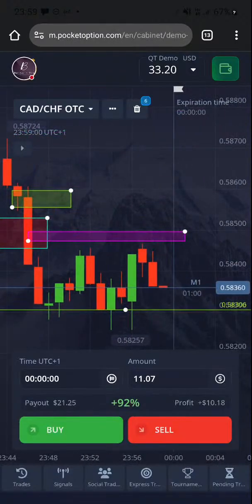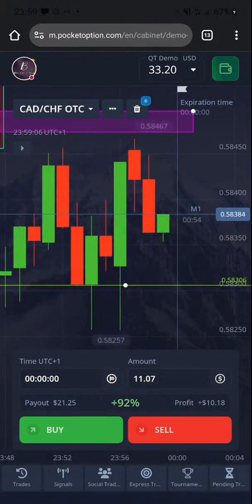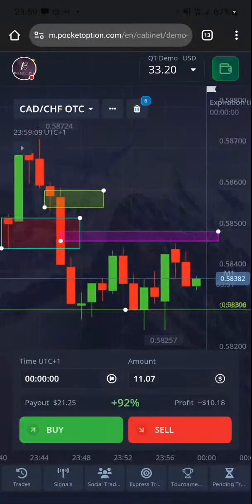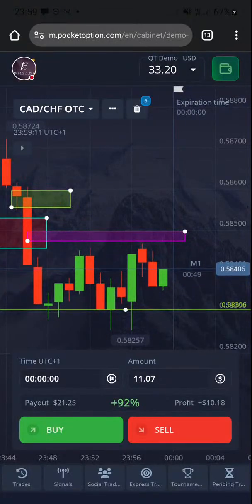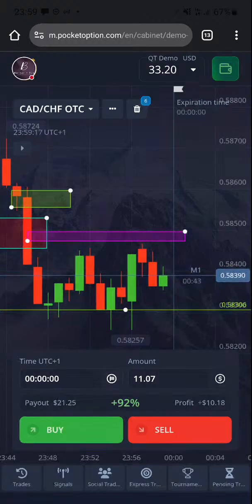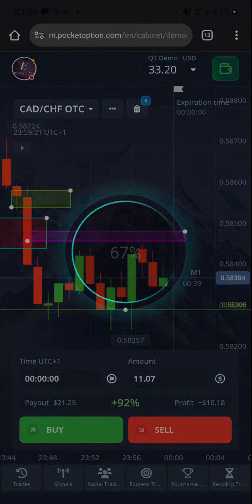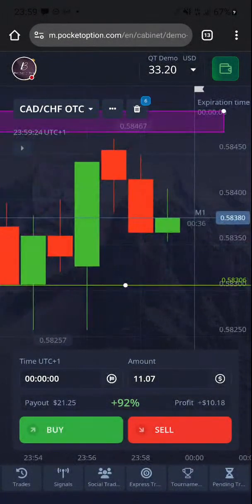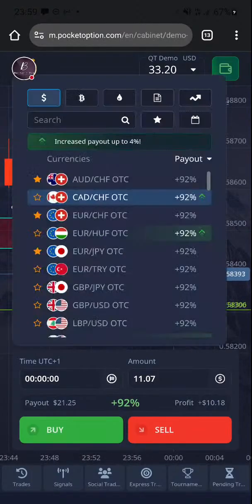Well, it's not going to happen. If this next candle breaks this level, we are going with the buyers. But it may not break, actually, because we have this market sequence of 2 red, 1 green. But no problem, we will look for better opportunities.